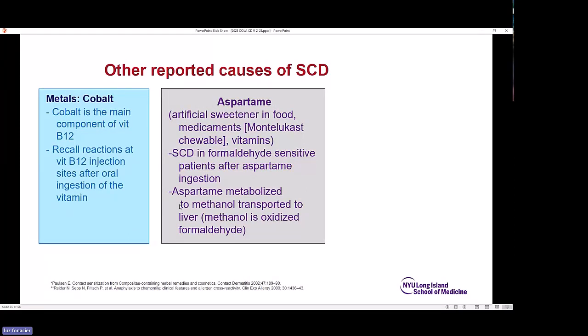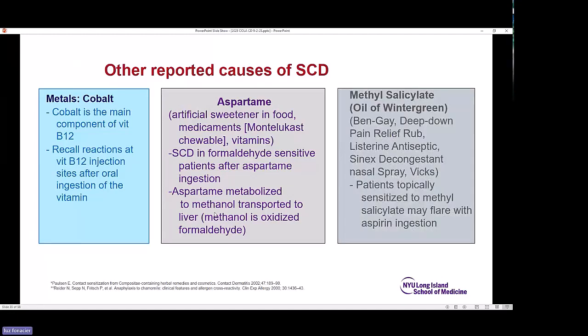So why? Because aspartame is metabolized into methanol. Methanol is transported to the liver and oxidized to formaldehyde. And methyl salicylate, which you find in Bengay, pain relief, antiseptics, and patients sensitized to methyl salicylate may flare when you give them aspirin.